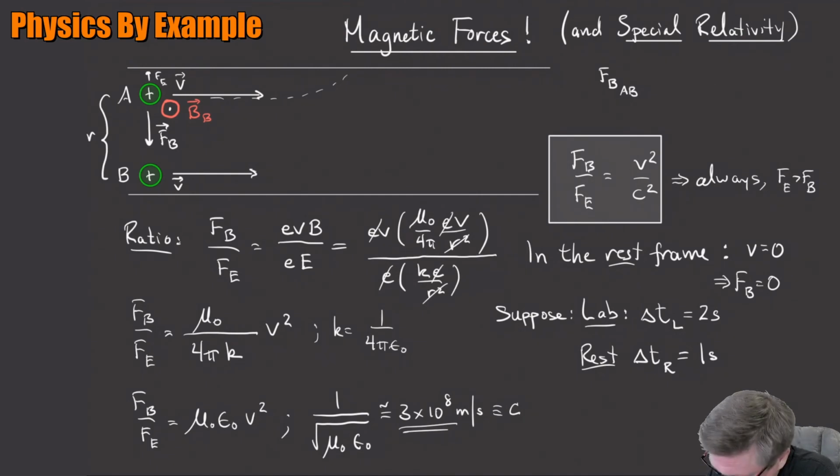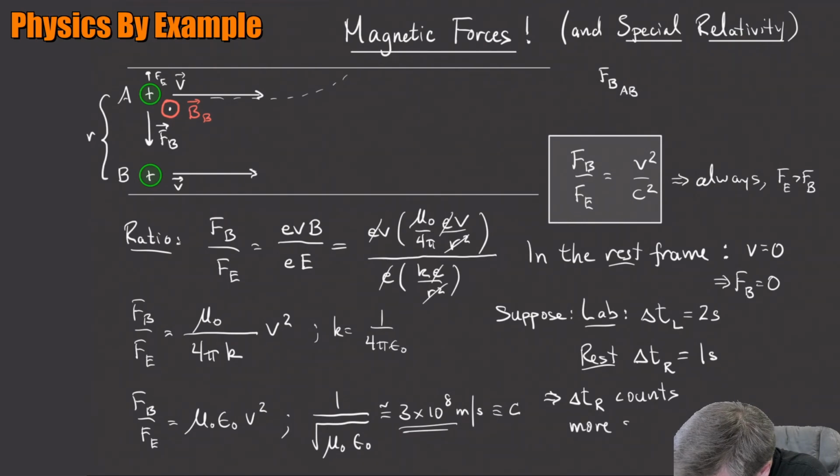So what that tells you is delta t rest counts more slowly. For every 2 seconds that go by in the lab frame, only 1 second goes by in the moving frame, the frame moving with the charges, the rest frame.